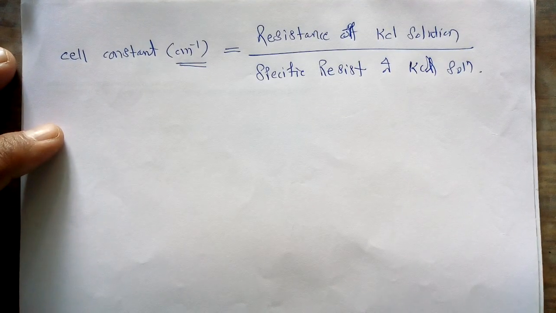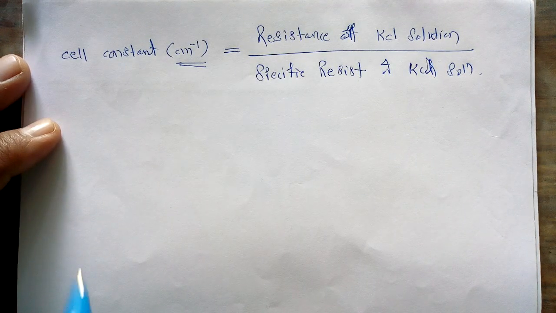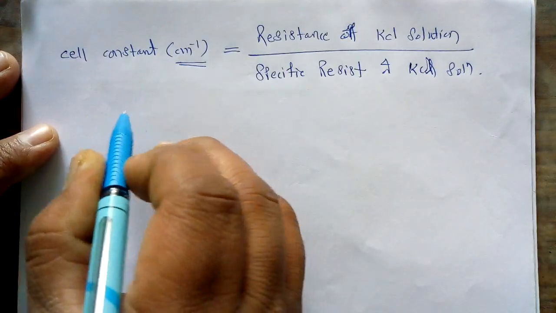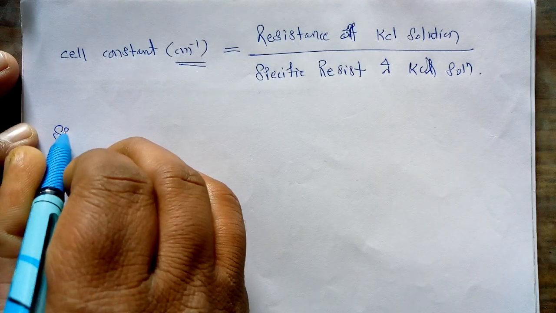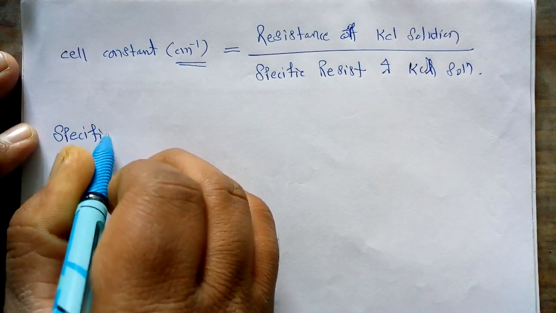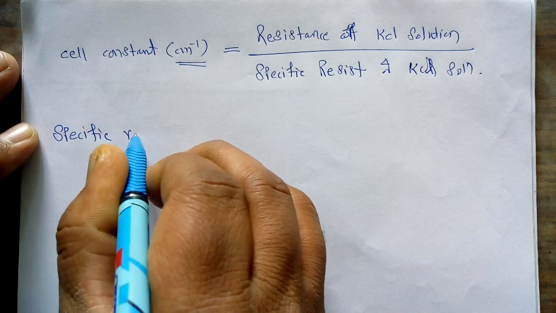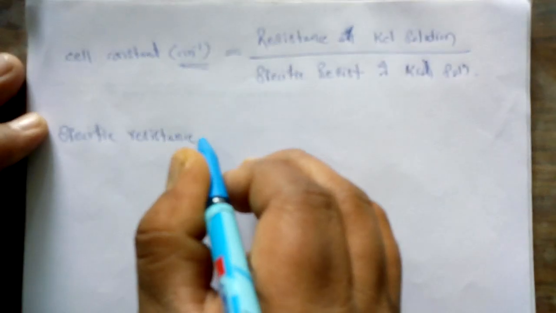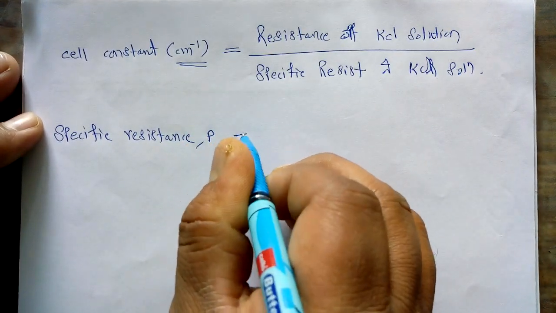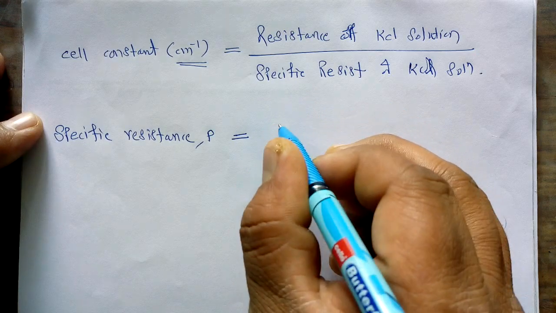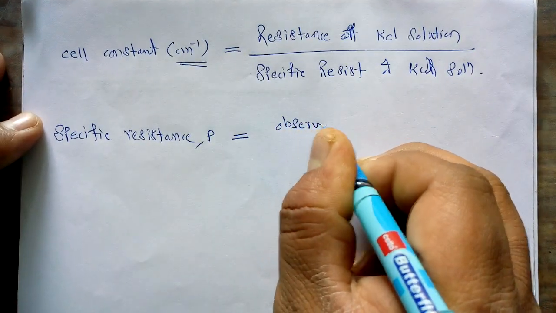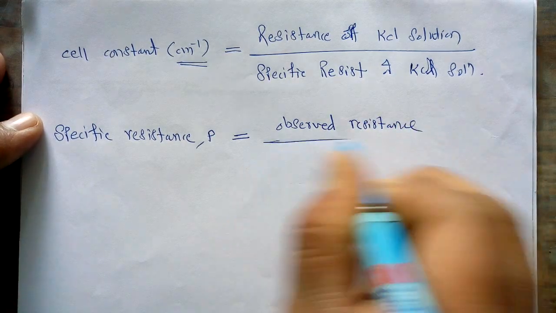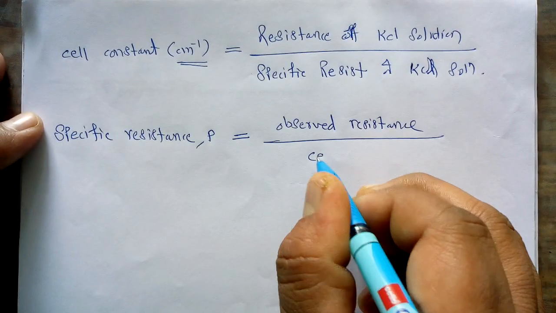Once we calculate this cell constant, from it we may calculate the specific resistance. So how to calculate it? Specific resistance, given by the sign rho, is equal to the observed resistance divided by the cell constant.